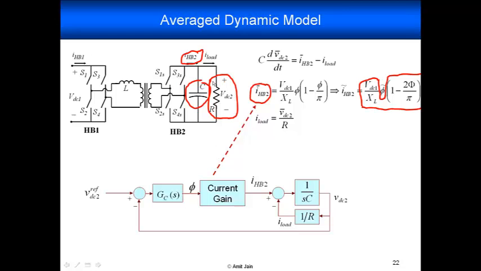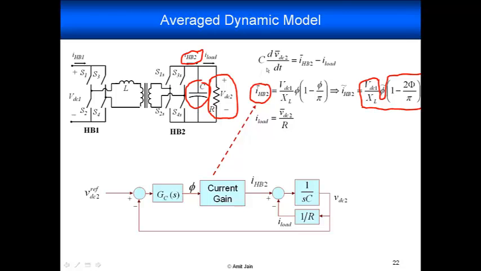The dynamic model for this particular example is straightforward, and here we'll be concerned with dynamics averaged over one switching time period. That's what this bar over the variable indicates.